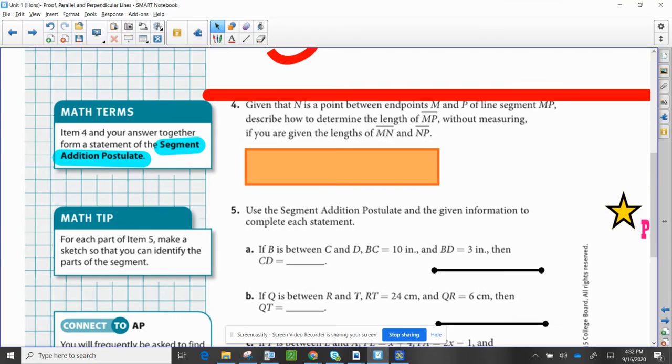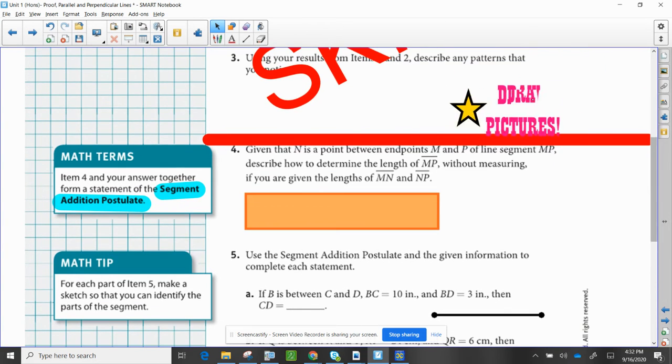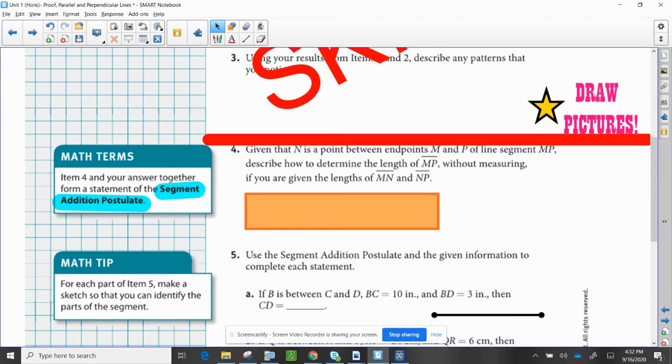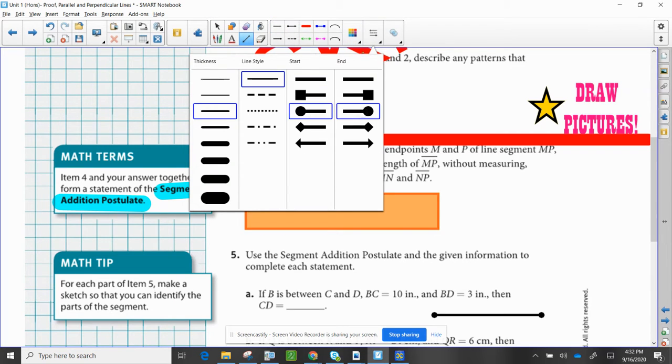Now, when we start getting into this section, it's really important that we start drawing pictures, because it's going to get really wordy, lots of points and things and definitions. So if we can draw pictures to help make it a little easier for ourselves, then let's do that.